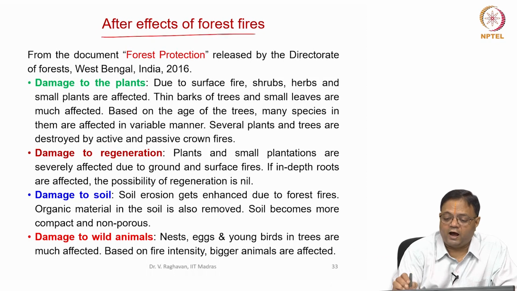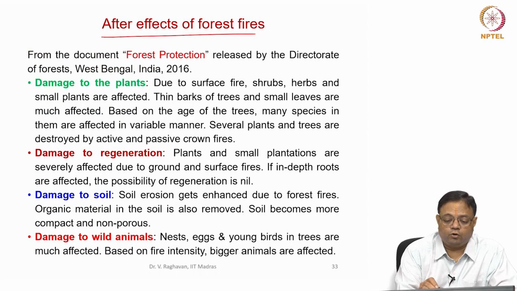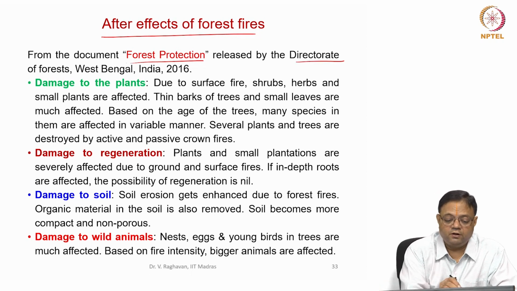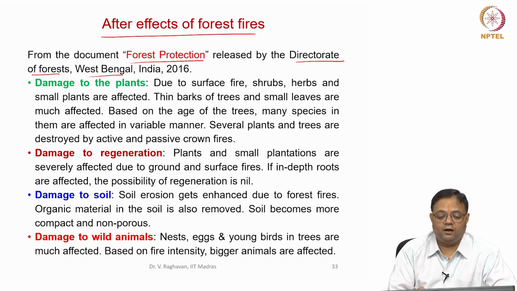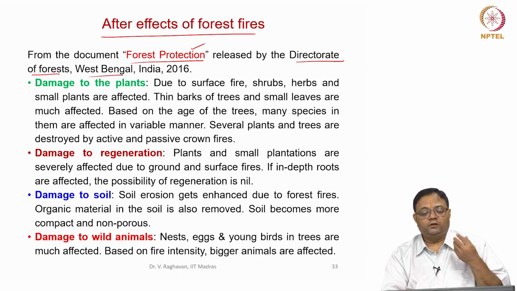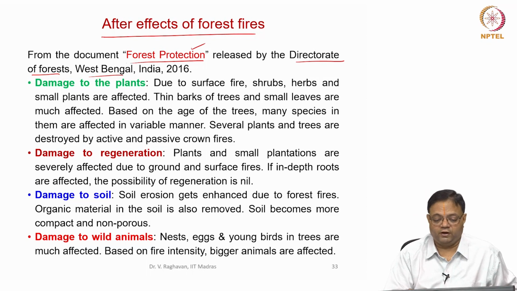So now we will go into after effects of the forest fires. Basically, in forests from West Bengal, several fires have occurred. So the Directorate of Forests in West Bengal has released a document called Forest Protection, in which they have told about some consequences of the forest fires.